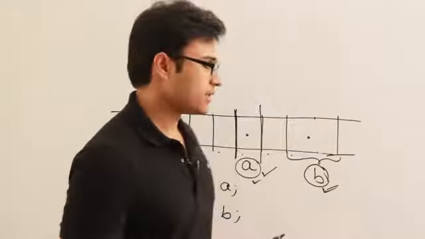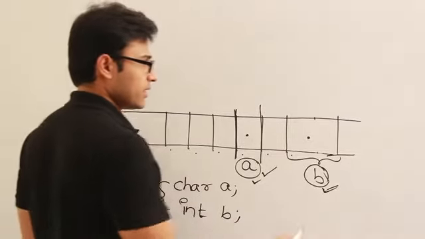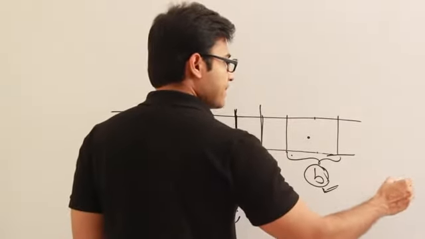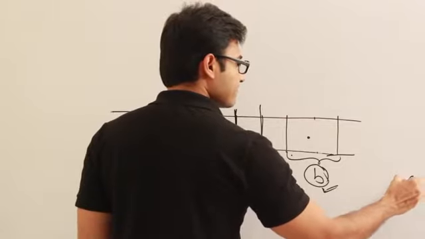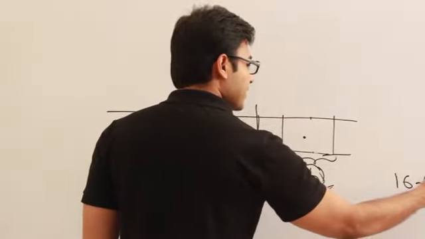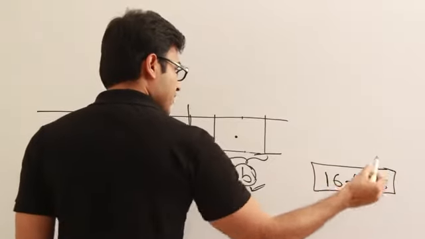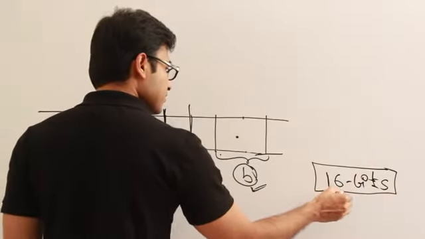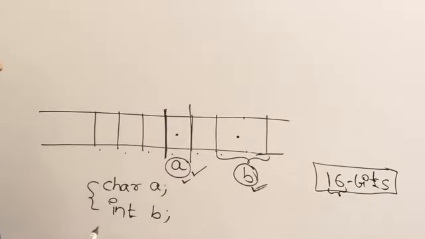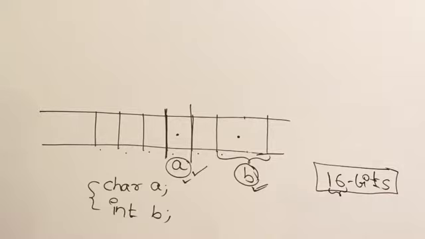Let us assume that in this system the address is 16 bits. Physical address or logical address? Generally logical address. If the logical address space is 16 bits, then we use a pointer whose size is 16 bits. Let me keep it simple.